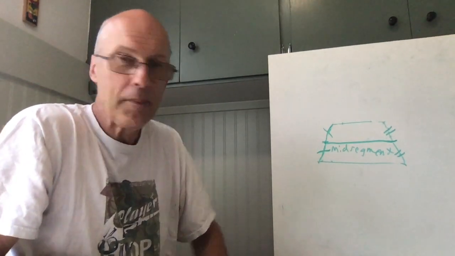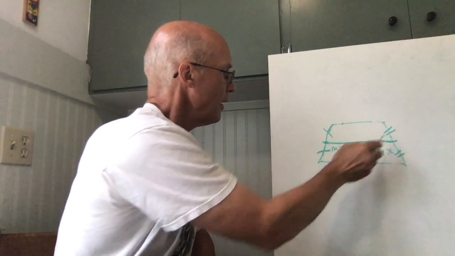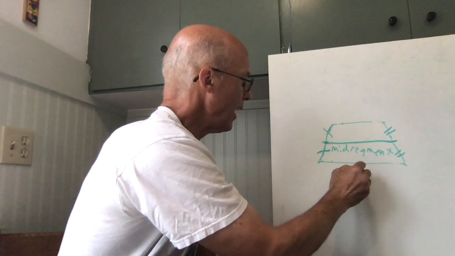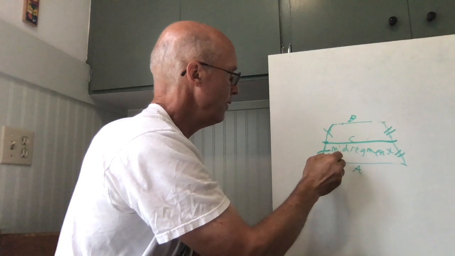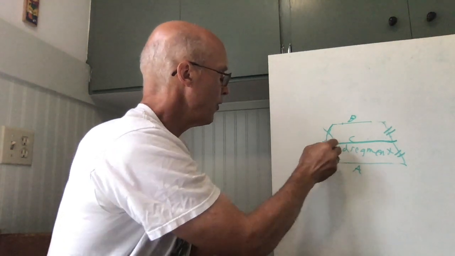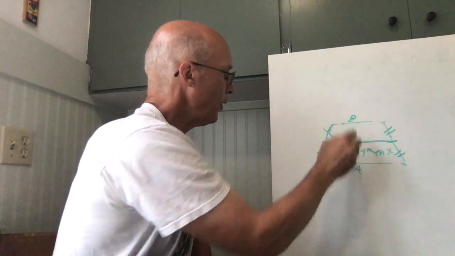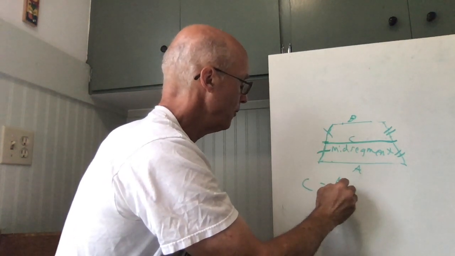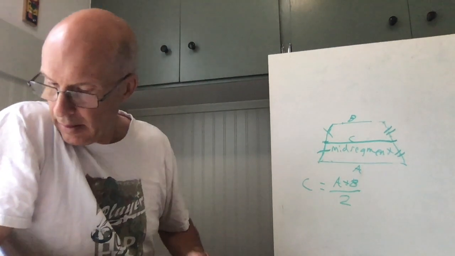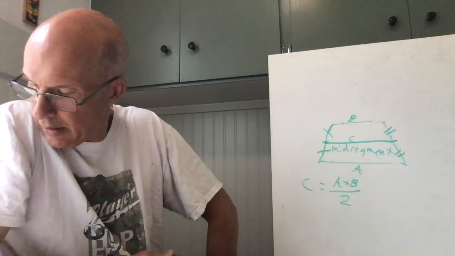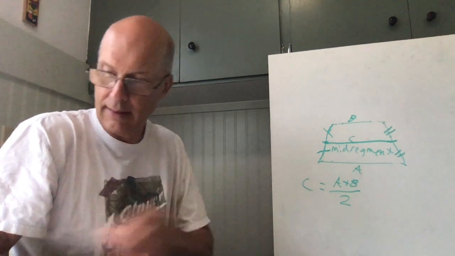And furthermore, the length of this mid-segment is exactly, let's call this A, this B, and this C. Okay? So the length of C is exactly A plus B divided by 2. So they show you all that in 624, and that's that.